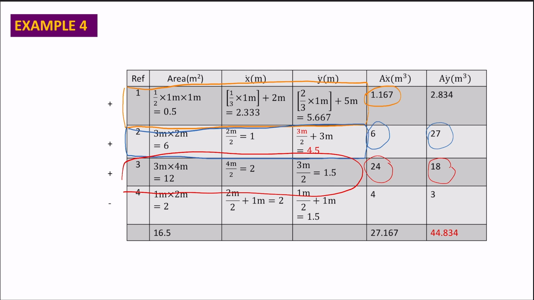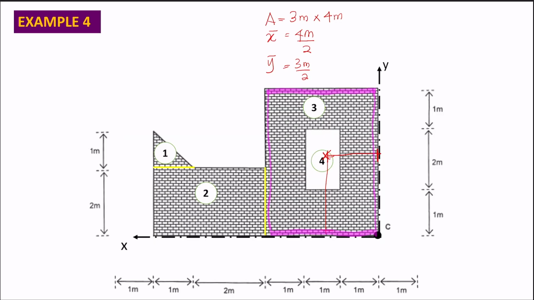For the next section, we have the hollow rectangular section here. Get the area, which is 1 meter, the B, times the H, which is 2 meter. To get the X bar, it is going to be from the centroid of the rectangle to the x-axis.